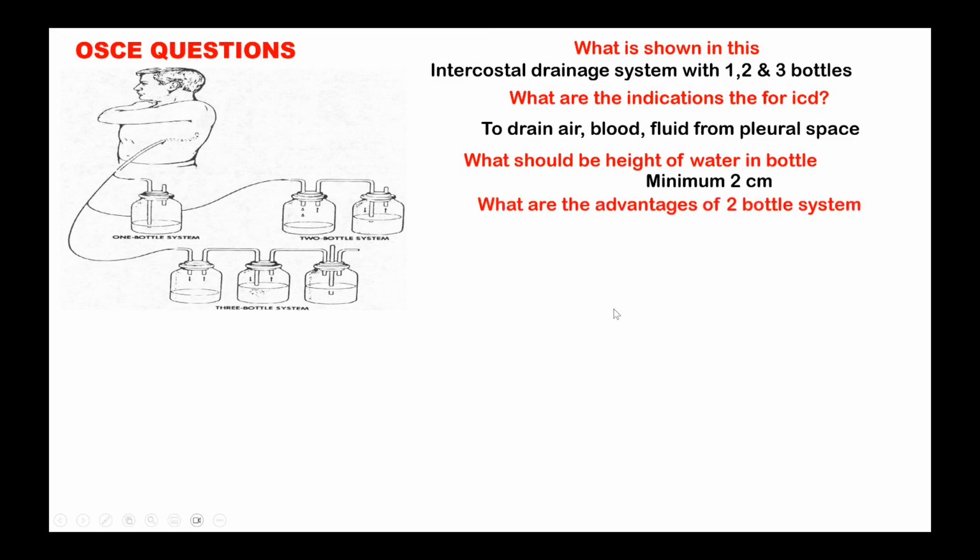What are the advantages of this two bottle system compared to the one bottle system, which was the older method? You are seeing the picture here. By looking at the picture, can you see what it is?